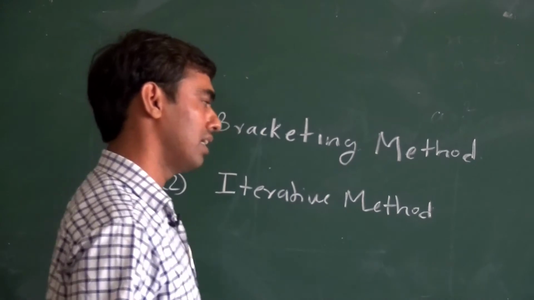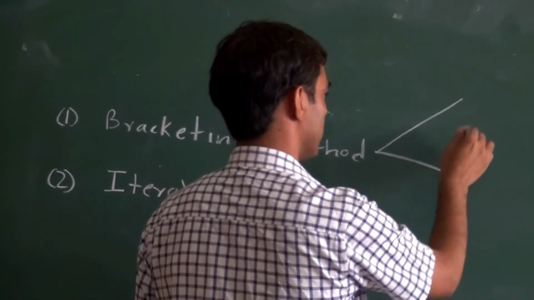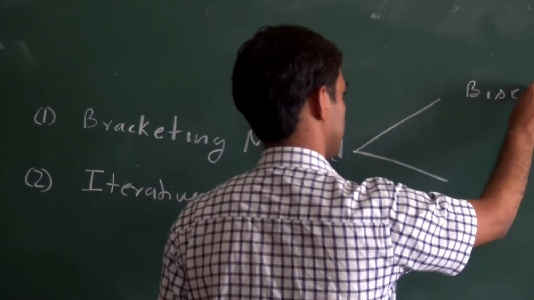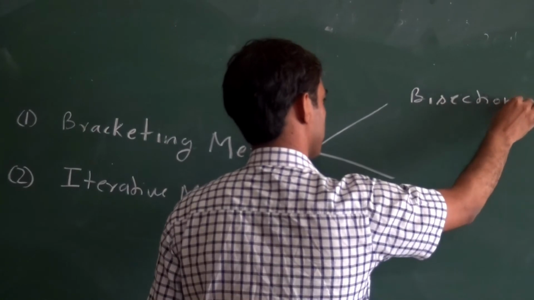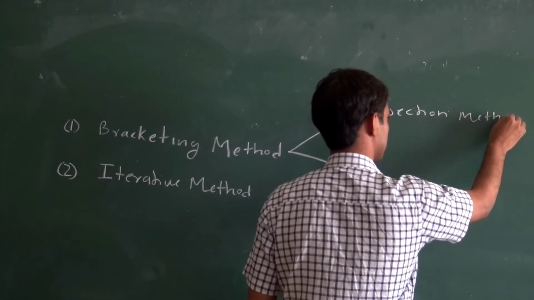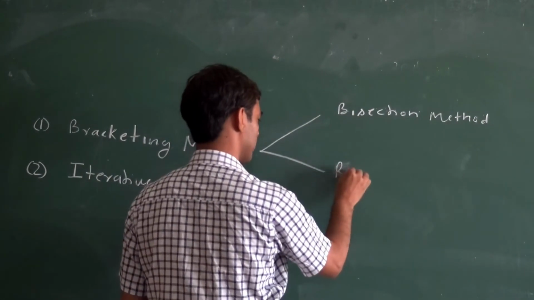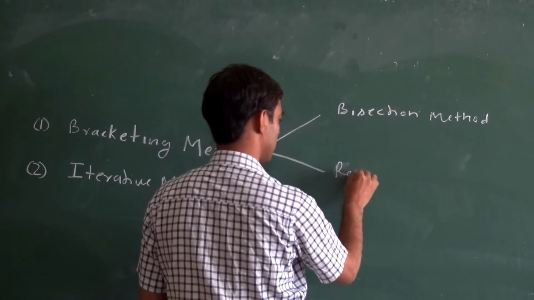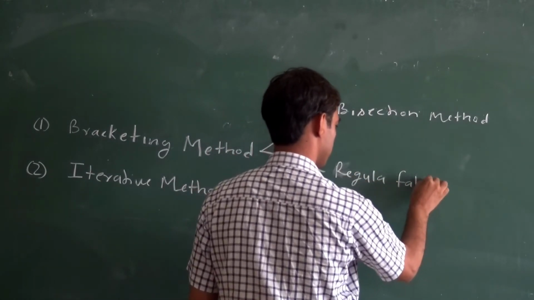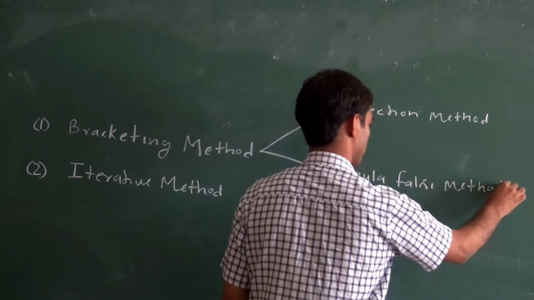Under the bracketing method, there are different methods. First one is the bisection method, and next the regula falsi method.